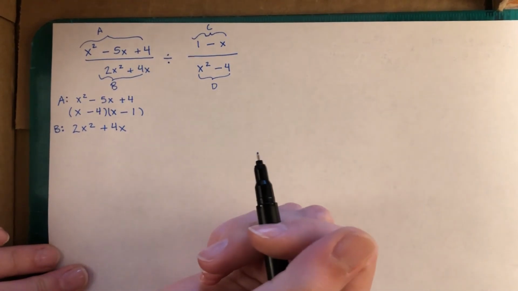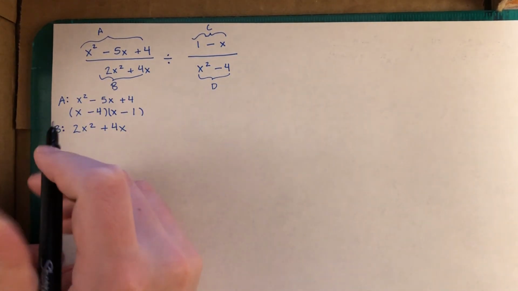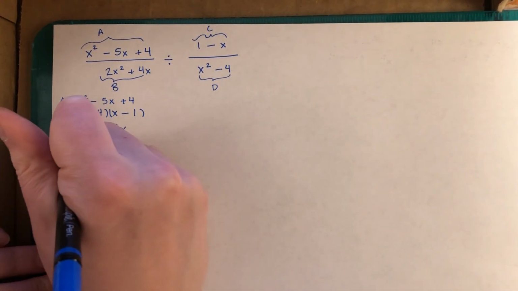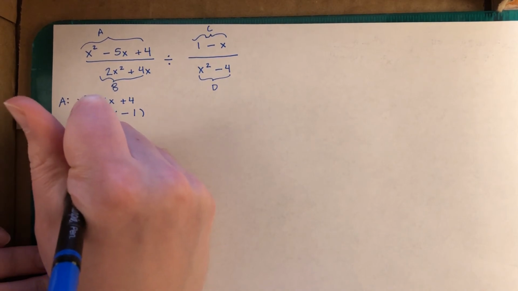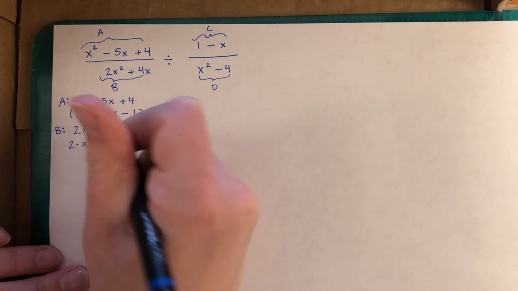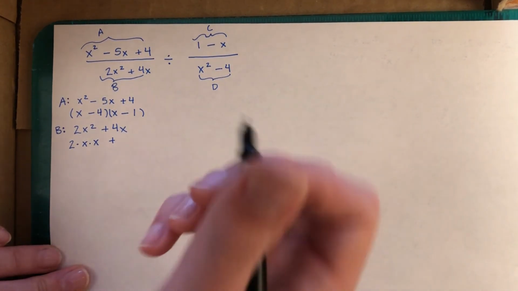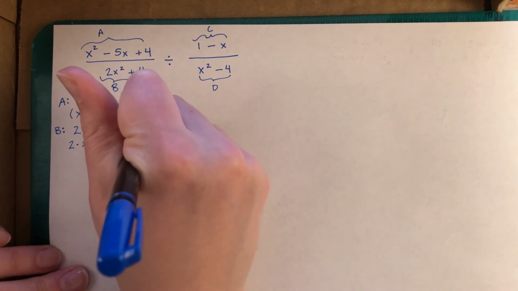So in class, we've talked about splitting things up to make it easier to find those matches. I'm going to write 2x squared is 2 times x times x. And because I want to try to find some matches, instead of 4, I'm going to write 2 times 2.